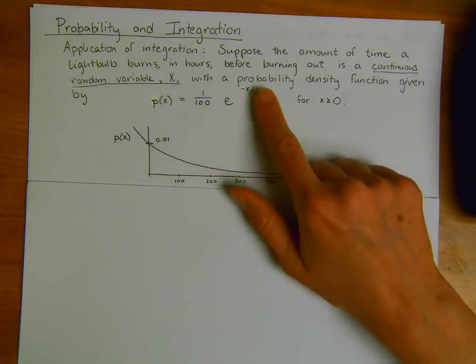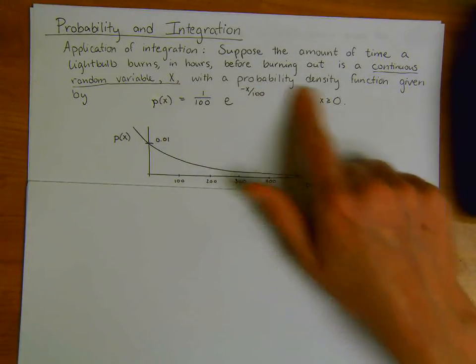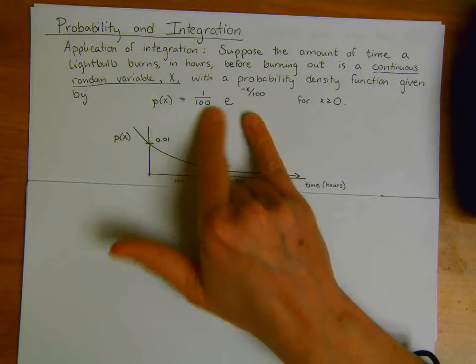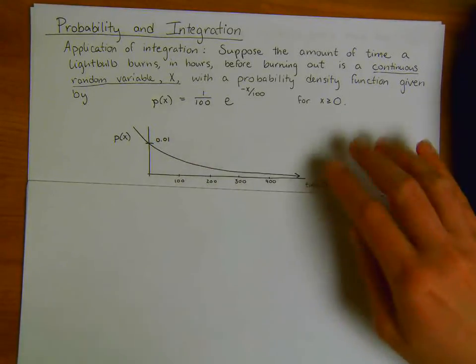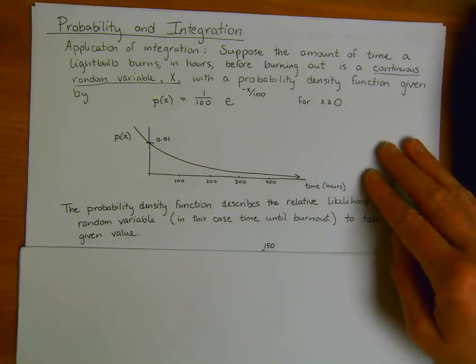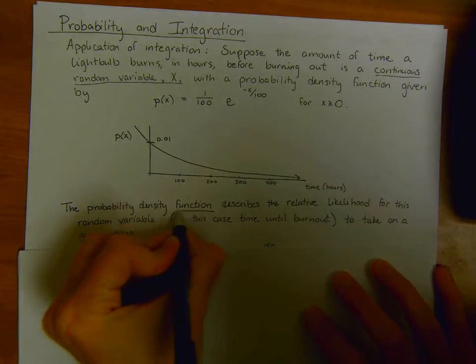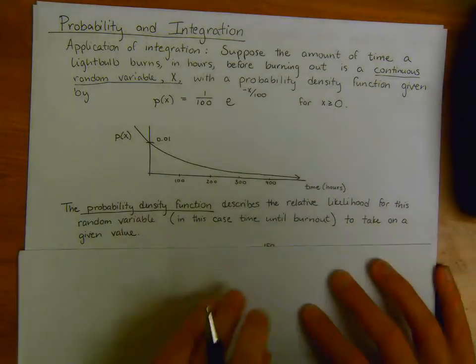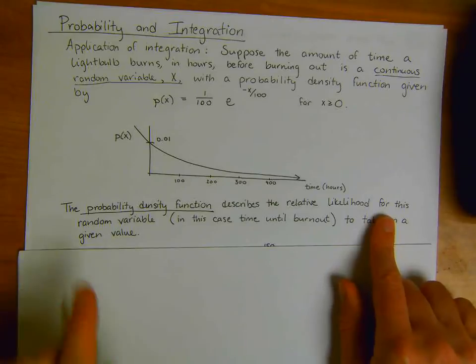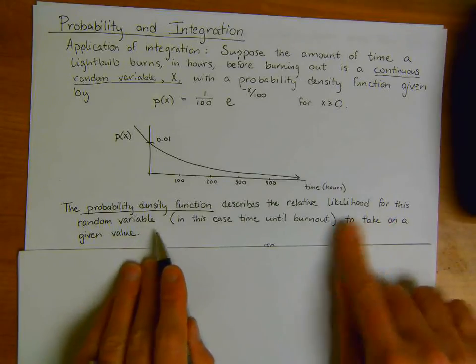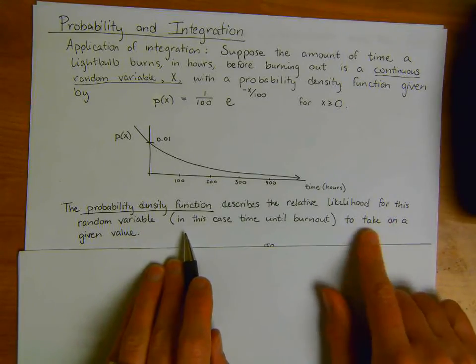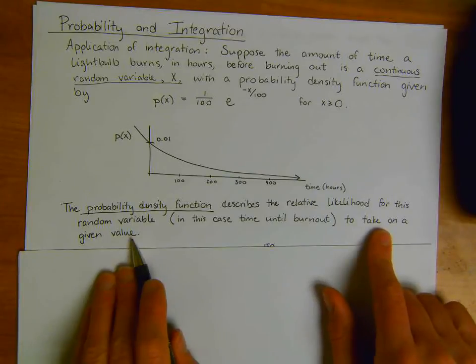Anyway, that's the thing that we're trying to measure the probability of, our random variable. And this probability density function is just a function. It's called a probability density function because it describes the relative likelihood for this random variable, in this case time until burnout, to take on a given value.